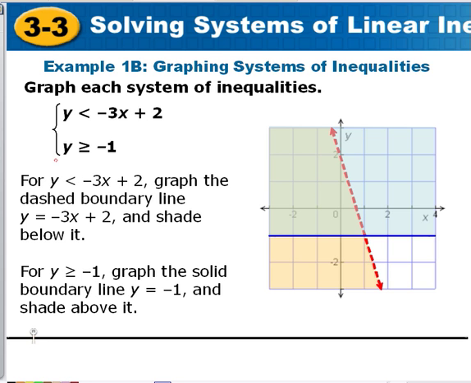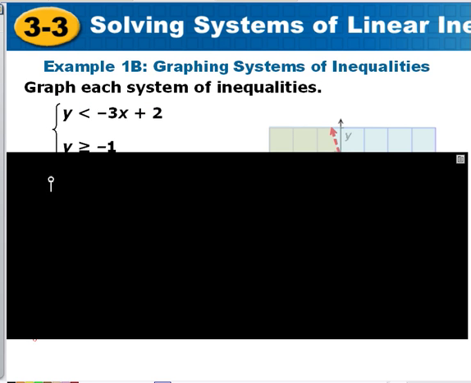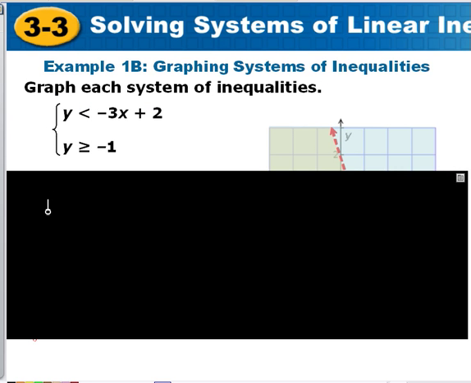All right, so we will do another example. Here's a system of inequalities. So again, we're going to graph each of the lines. This is y equals negative 3x plus 2, so our y-intercept is 2, our slope is negative 3. Here, this is going to be a horizontal line, y equals negative 1.